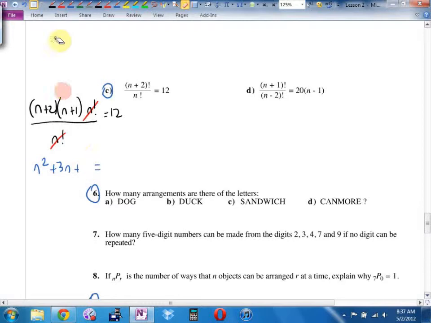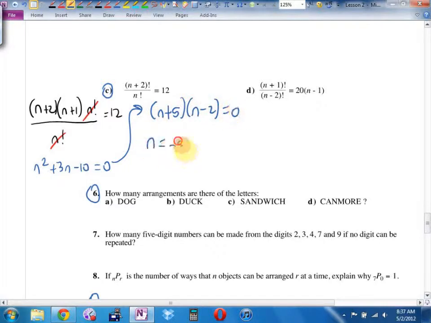I would subtract 12 from both sides, which would make this n squared plus 3n minus 10. Yes? Does it factor? Yeah, it will. Numbers that multiply to negative 10 and add to positive 3. Can I have negative 5? Can I have 2? Yep.